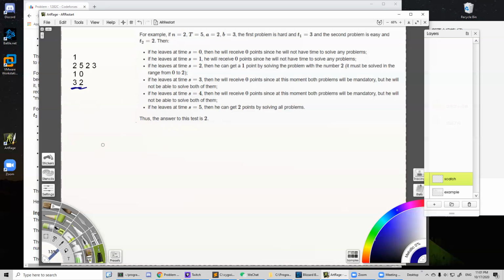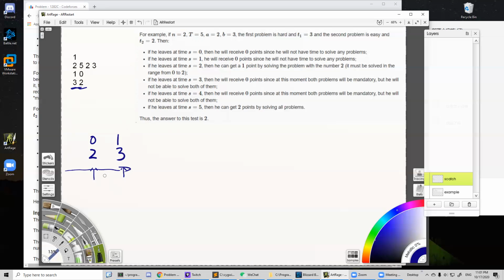In this case, we are going to sort it in this way. So at time 2, the easy problem becomes mandatory. At time 3, the hard problem becomes mandatory, right? So that we can just iterate over all those problems from left to right.